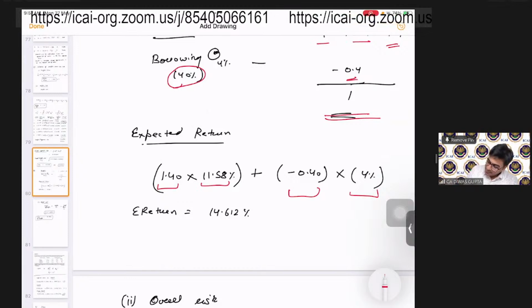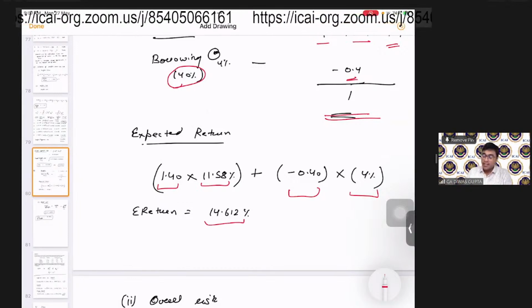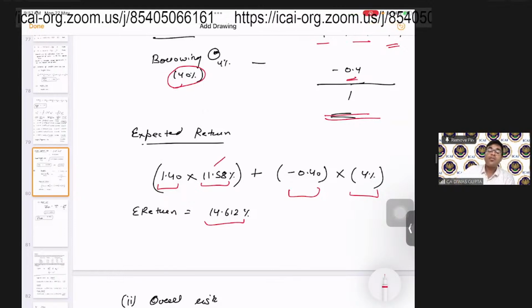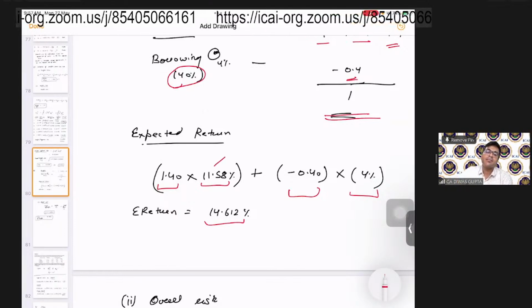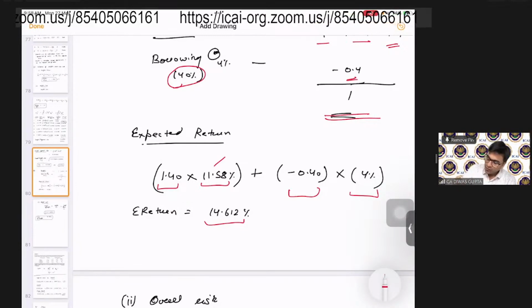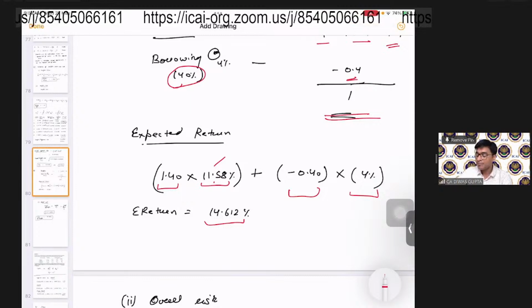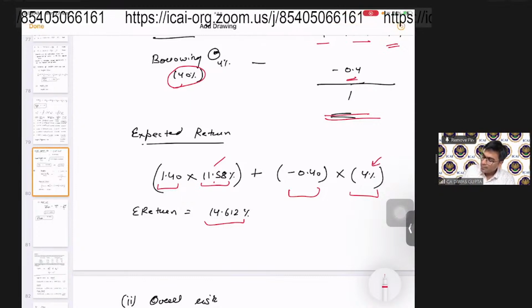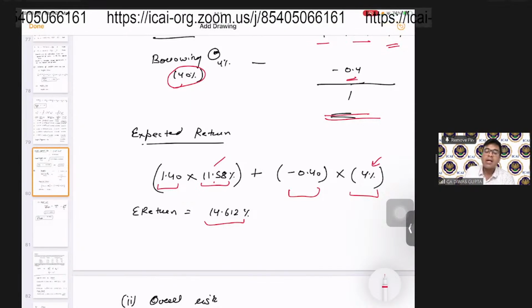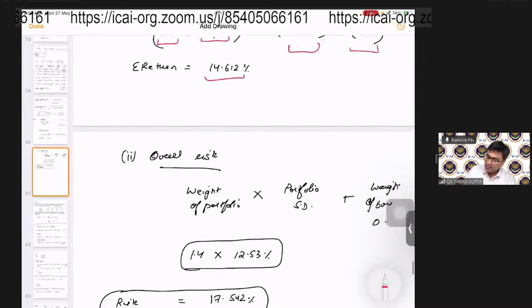So I will end up having a return of 14.612, which is higher than if I would not have borrowed and invested. If I would have directly invested whatever I had, it would be 11.58. Now, if I borrowed and invested, it becomes higher. The reason being, my borrowing cost of capital is 4% and my investment is happening at 11.58%. Hence, my expected return will increase.